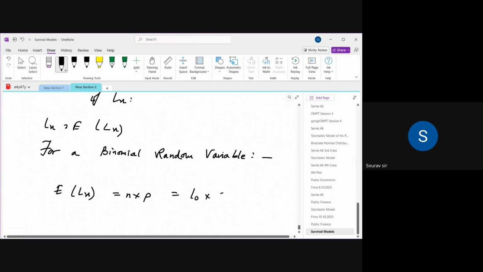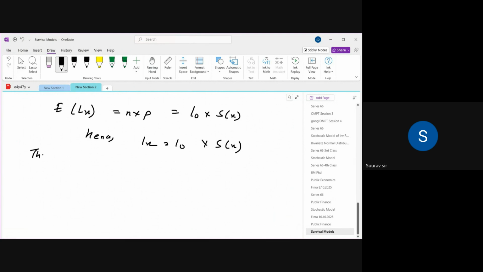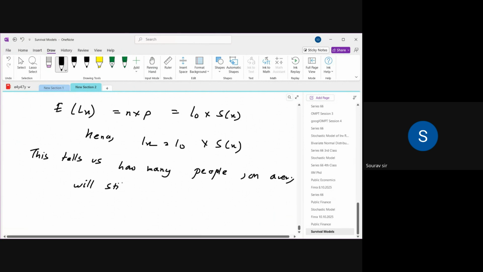So that is L0 times S(x). So this tells us how many people, on average, will still be alive at age x.